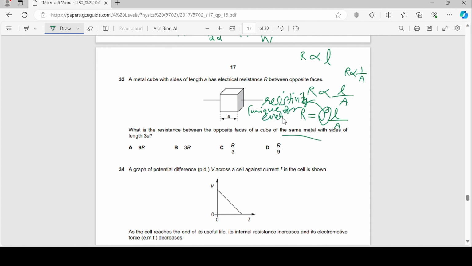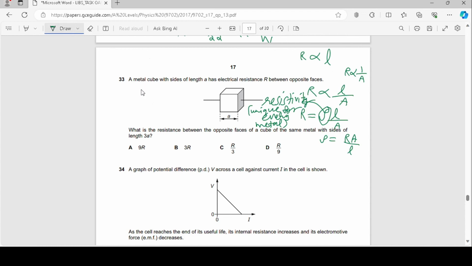Each metal has its own unique resistivity. So we can use that fact and rearrange this equation as rho equals R A by L. Because the metal has the same resistivity all the time, it's a constant.